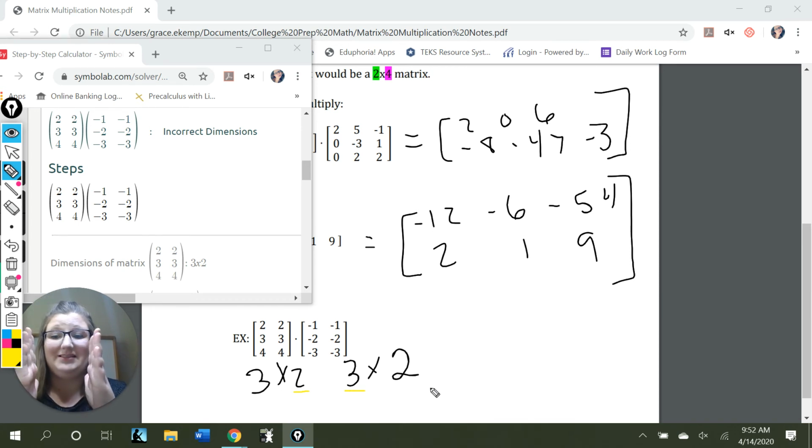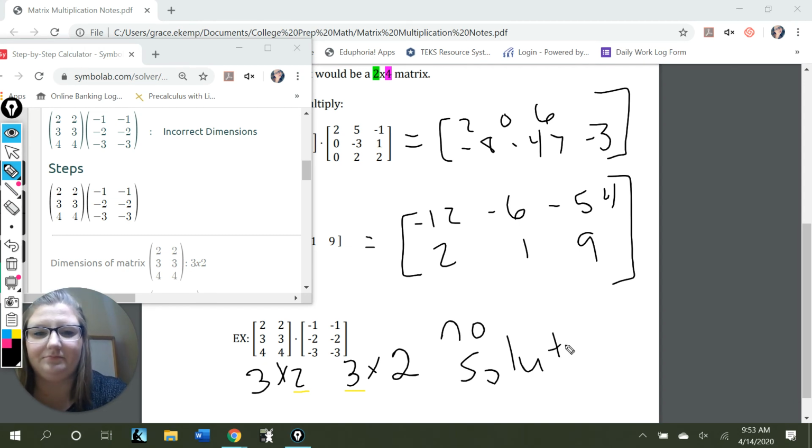Those numbers closest to the inside when we write out the dimensions or the sizes. Well, 2 does not equal 3. So since these are not the same number, we cannot multiply the matrices together. So because of that, this problem would have no solution. Okay, so that one would have no solution.